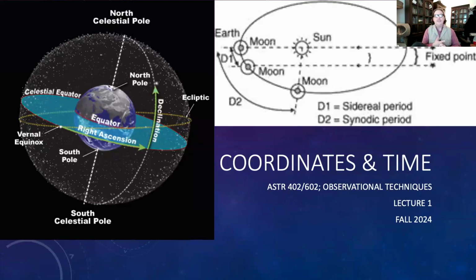Particularly in terms of what we call time domain astronomy, where we are looking at how something changes as a function of time, we certainly are very interested in knowing what times these observations were taken. In what system was that taken? Was it taken from Earth, or was it taken from another reference point?